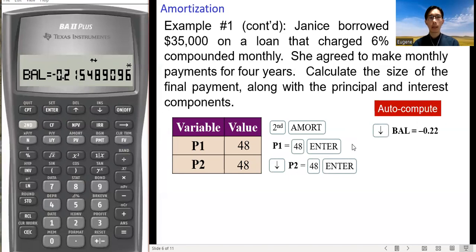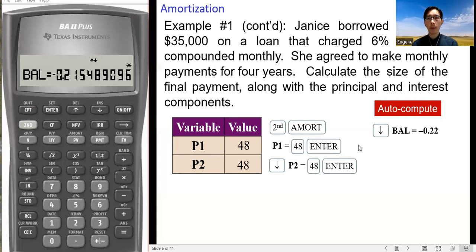Here, the balance is negative 0.22. But for the last payment, after making the last payment, the balance should be exactly 0. The difference here is due to rounding.